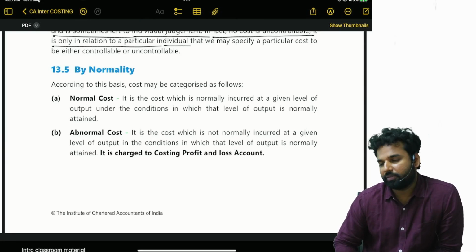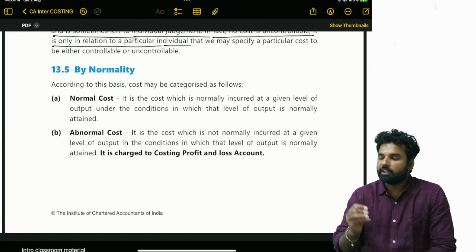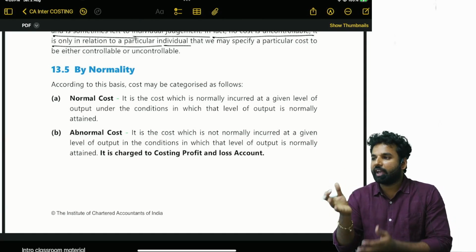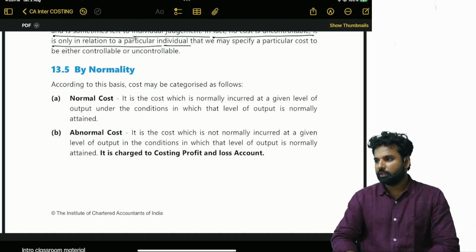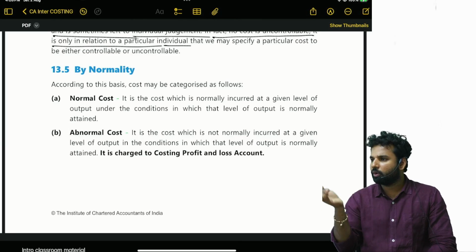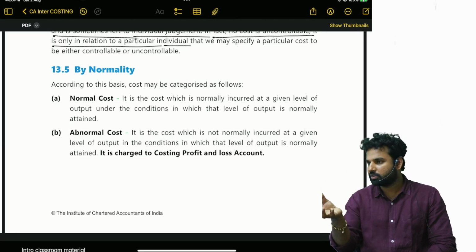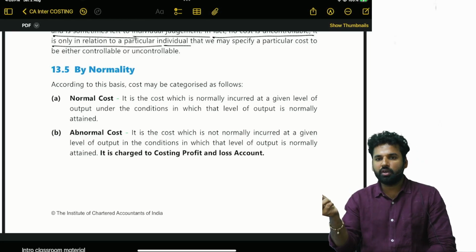There will be some loss, which is quite common. Sometimes there is loading and unloading activity. Naturally, when you load a lorry with, say, 100 or 200 copies, one copy will be broken. It is very natural while handling copies, it is so obvious. So that is what is called normal cost.